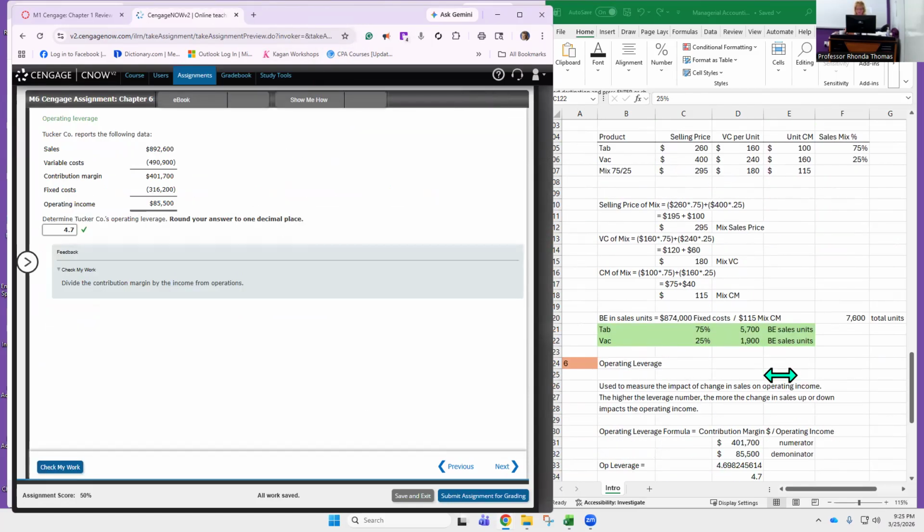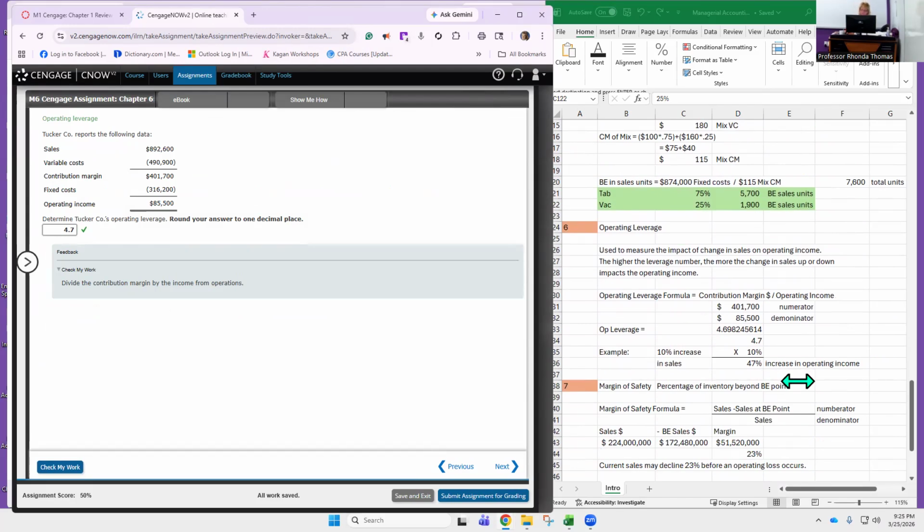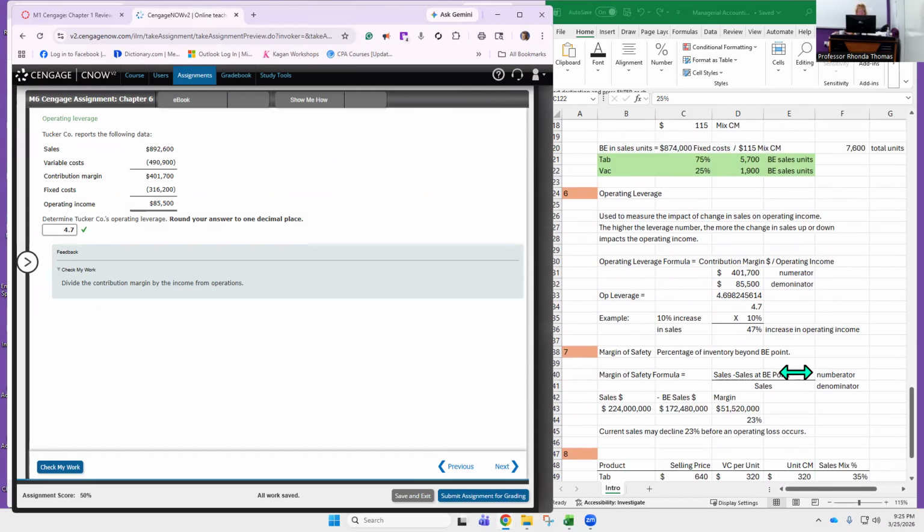Okay, now we're getting to operating leverage. Operating leverage is a pretty simple calculation, but sometimes it's kind of hard to understand. It's used to measure the impact of change in sales on operating income. For example, the higher the leverage number, the more the change in sales, either up or down, impacts operating income.